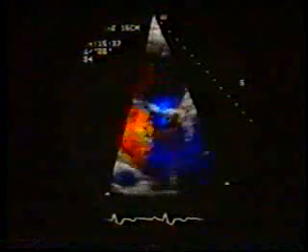Note now the flow is in the left ventricular outflow tract directed away from the transducer and is represented in the shades of blue. Now we will demonstrate this finding in real time. Bidirectional shunting can be very vividly appreciated.